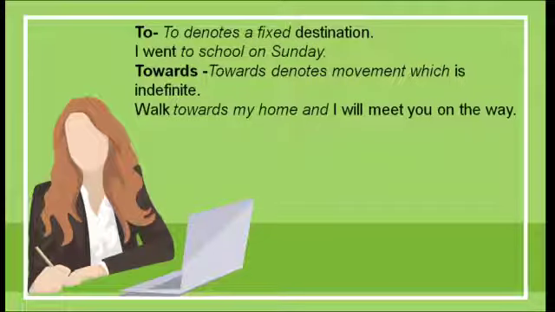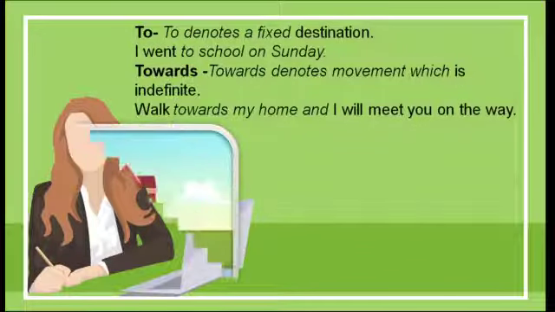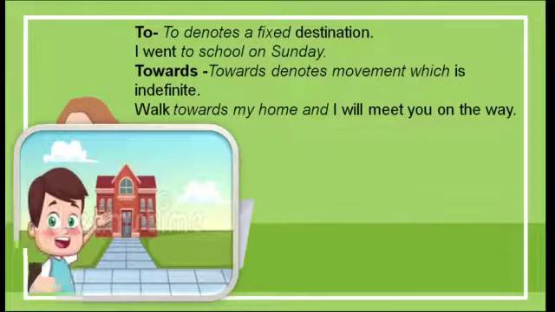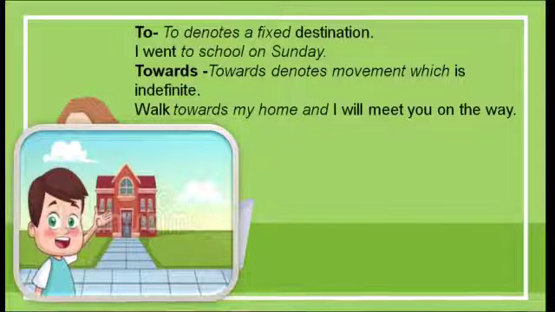To and towards. We will use to whenever we are moving or indicating a fixed destination. Like, I went to school on Sunday. So it is a fixed destination, so I used to.